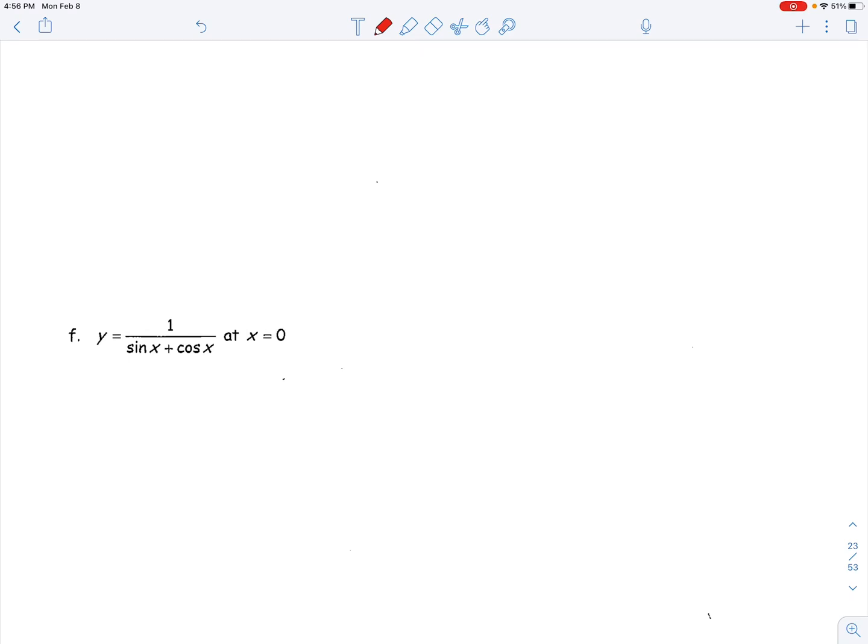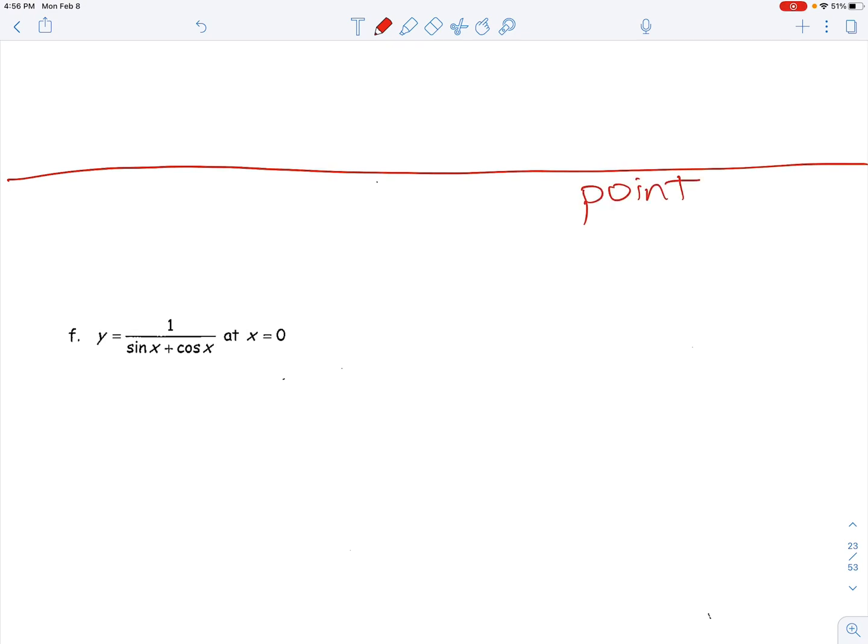To this function at x equals 0. Remember, to write the equation of any line, you need the slope and you need a point.